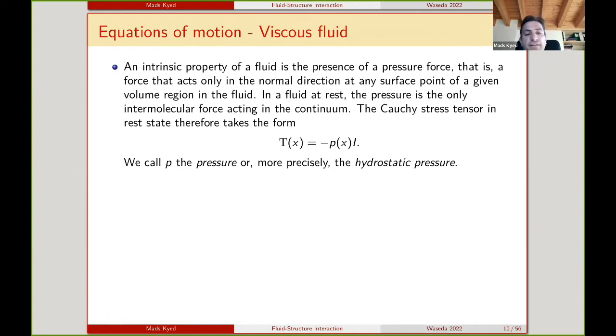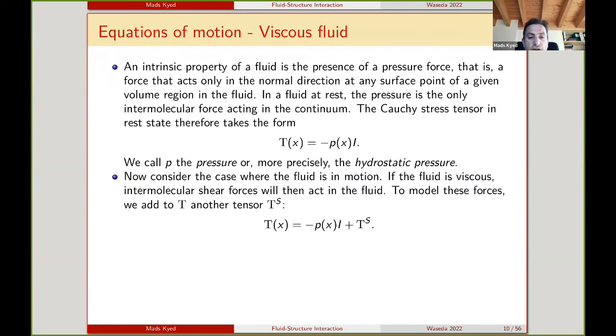Expressed in another way, whenever the fluid is at rest, the intermolecular forces acting on the fluid are given by a pressure. So the Cauchy stress tensor in the fluid in the rest state just takes the simple form T equal to a pressure function times the identity tensor. And we call this pressure function just the pressure, or the hydrostatic pressure.